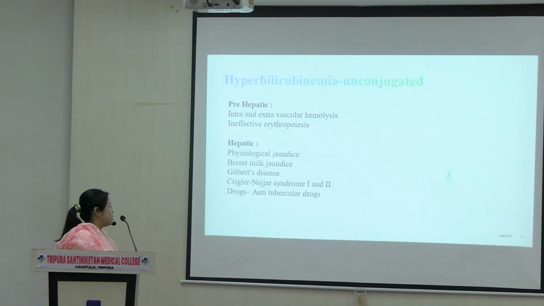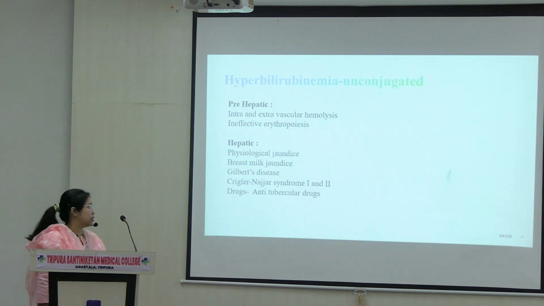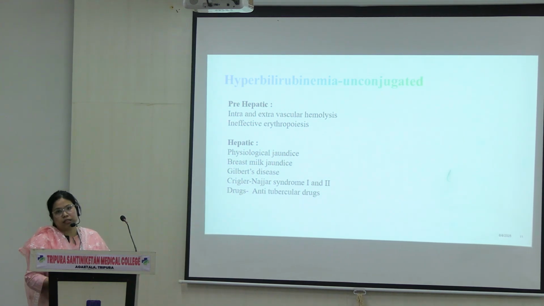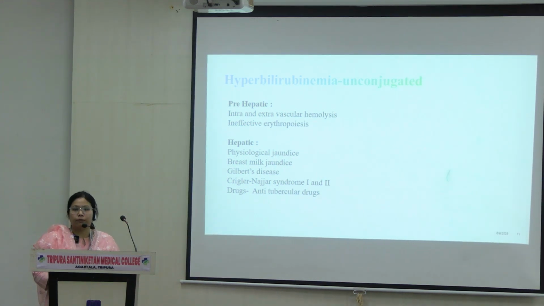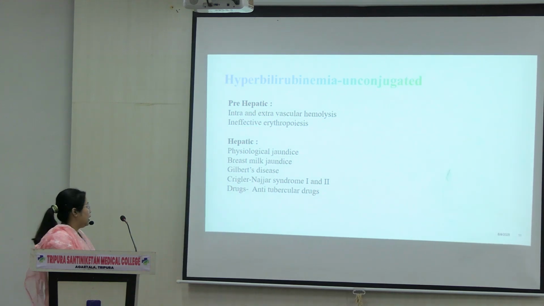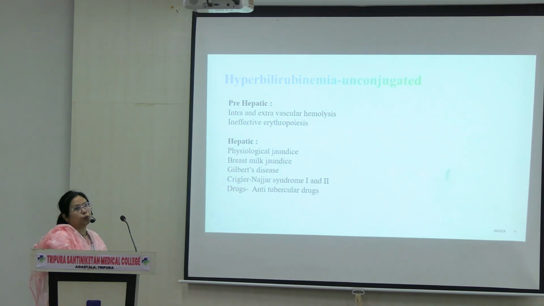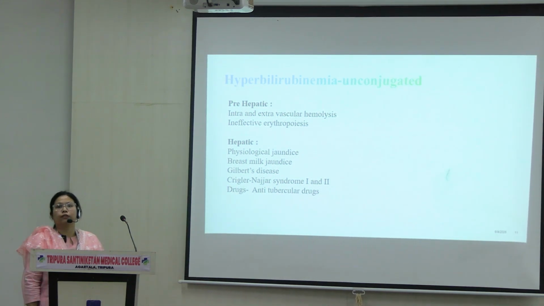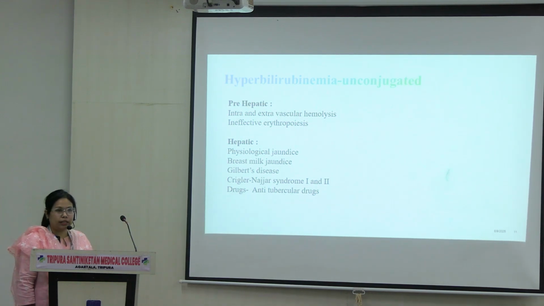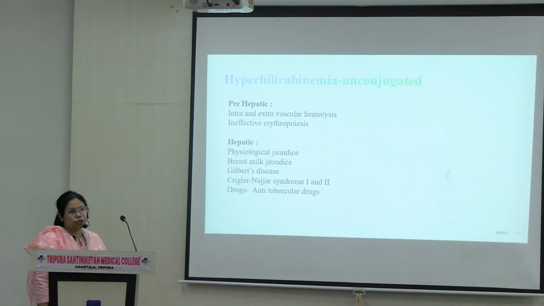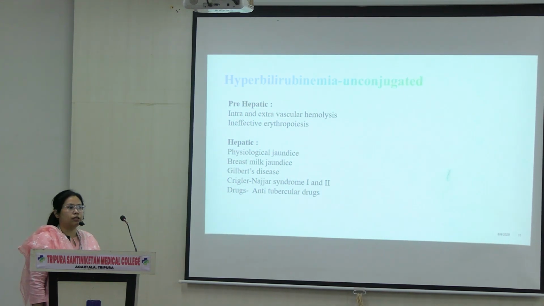There is Gilbert disease, there is Crigler-Najjar syndrome 1 and 2, and drugs like antitubercular drugs. Gilbert disease is a disease where there is difficulty in uptake of the bilirubin. And Crigler-Najjar syndrome 1 में UDP glucuronosyl transferase enzyme deficient होता है, बनता ही नहीं है. So there is no conjugation of bilirubin, जिसकी वजह से it's a pretty fatal condition.